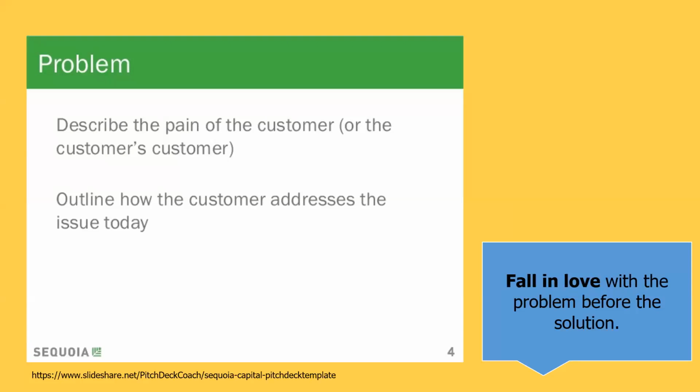The first thing you want to dig into, like I said, is the problem. You want to describe the pain of the customer or the customer segment that you're reaching out to. One thing that we like to say at the Dingman Center, and you'll hear it a lot as you read more about startups, is you want to fall in love with the problem before the solution.